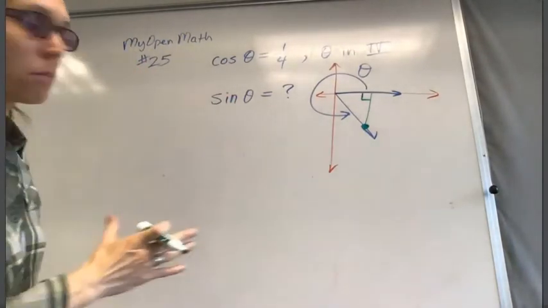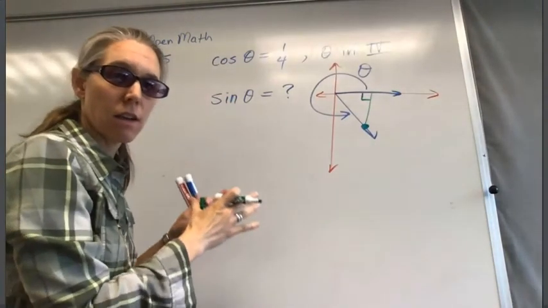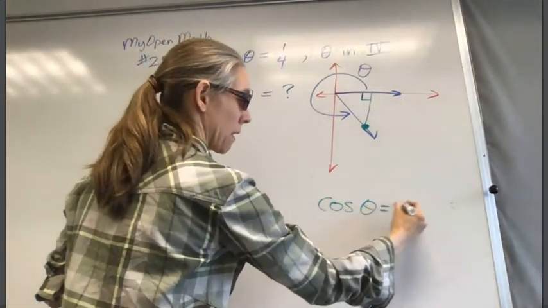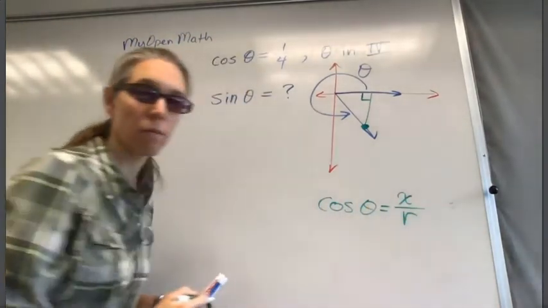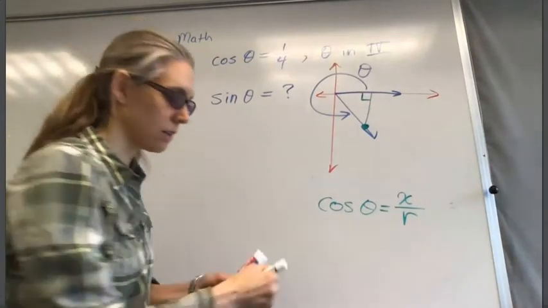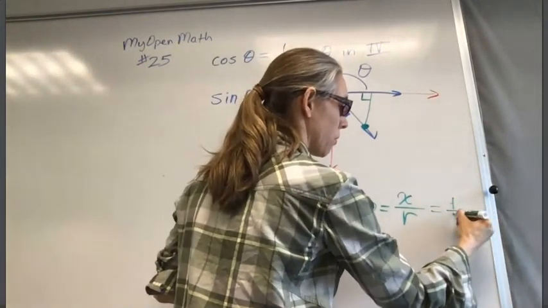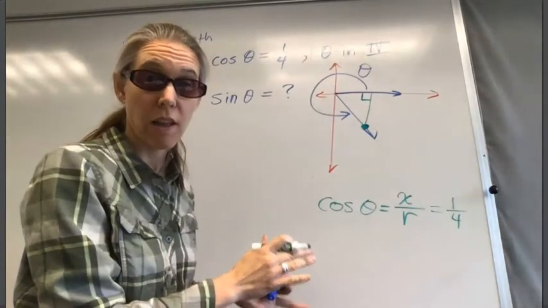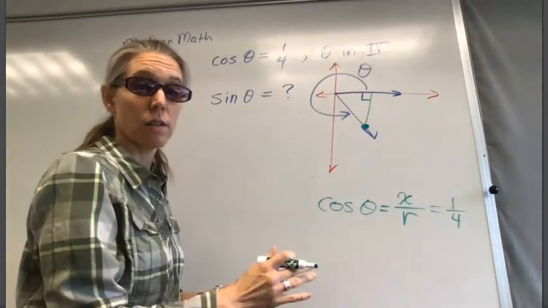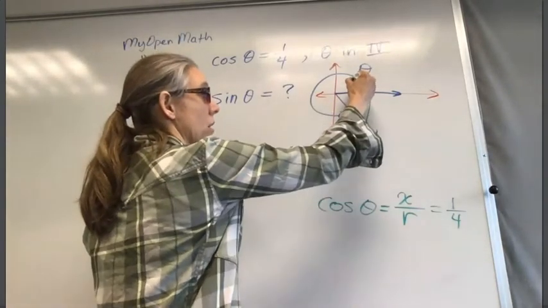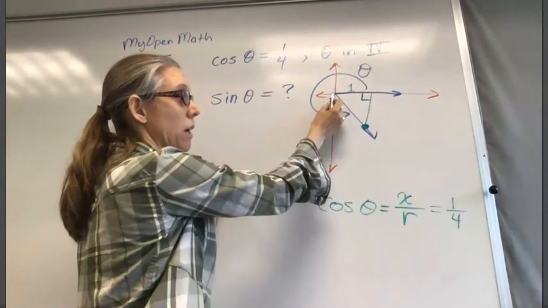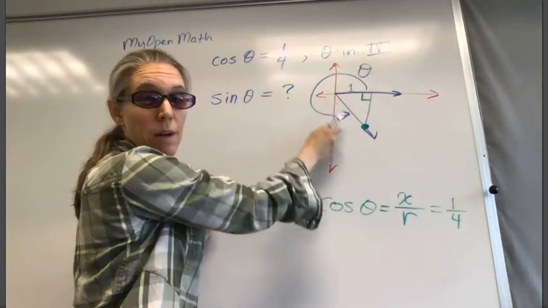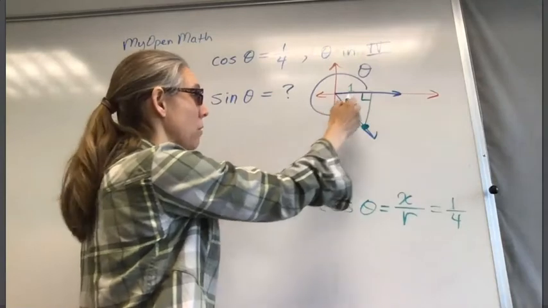Okay, so remember that cosine's ratio is x over r. So in this case, since cosine is 1/4, we're going to let x equal 1 and r equal 4. So that means that the side of the triangle right here where x is would have to be 1, and the side of the triangle with the hypotenuse would be the radius, so that would be 4.